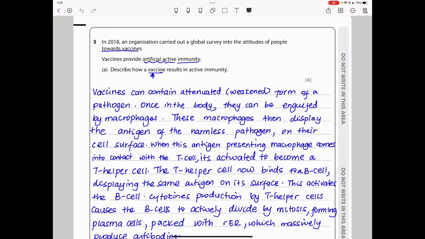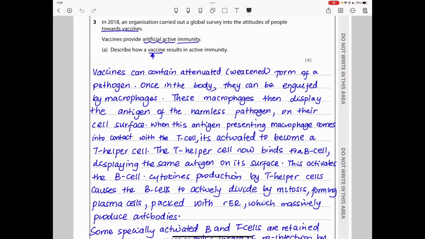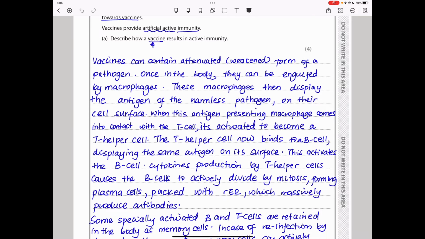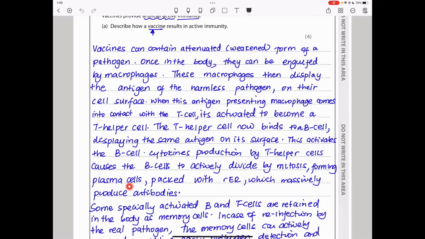So when the antigen-presenting macrophage comes into contact with a specific T cell, this T cell could be activated to become a helper T cell, and then the activated helper T cell, of course moving through the body, could come into contact with an antigen-presenting B cell, and this helper T cell will release cytokines, and these cytokines will cause the activation of the B cell, and that B cell will actively divide by mitosis, forming many clones of itself, which we call the plasma cells.